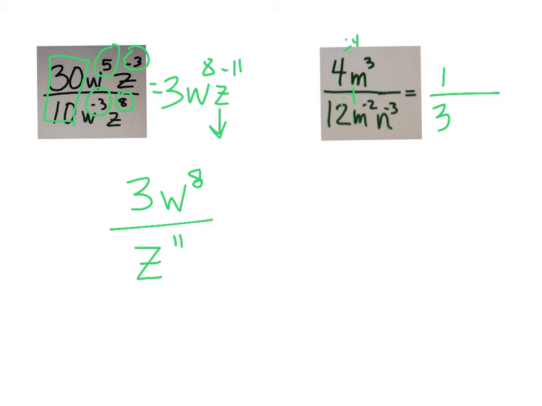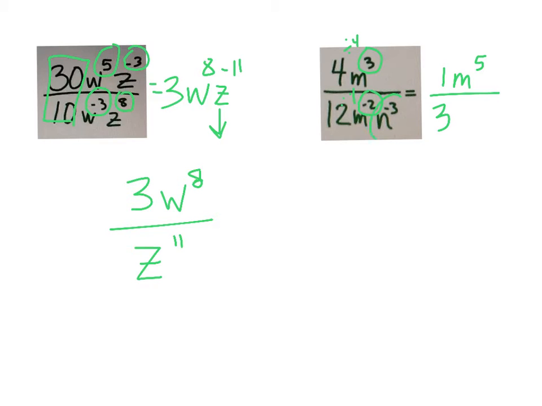Now the reason I'm doing top and bottom here currently is because of the fraction. If there were no numbers with fractions, I wouldn't be doing it like this. So then for the next part, it's m to the 3rd power minus a negative 2, which becomes plus 2, and 3 plus 2 is 5. That's positive, so I'm going to put that on the top.